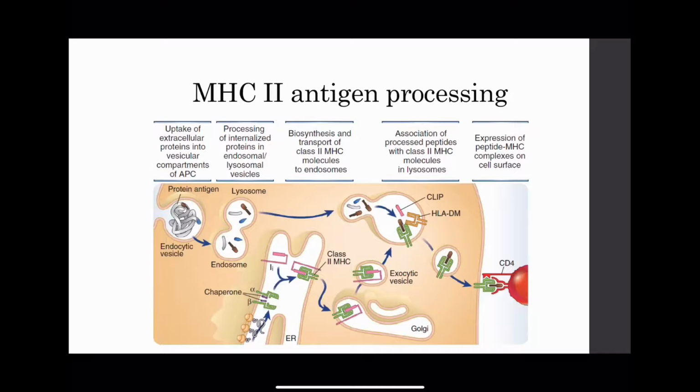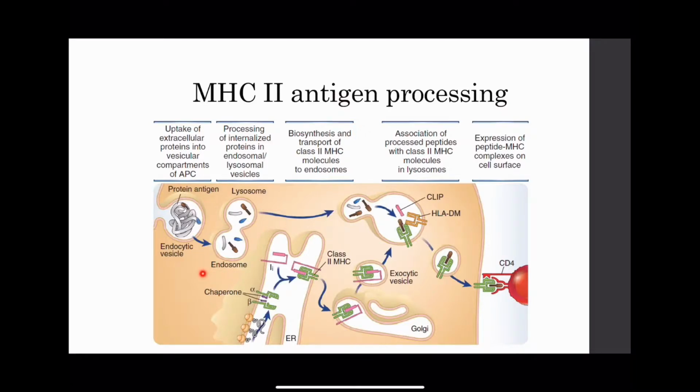The MHC class 2 antigen processing is similar to class 1, but as we said, the fundamental difference is the site of antigen degradation and cleavage. First, the antigens are captured extracellularly, so they need to be internalized, and after internalization, they will become localized in intracellular vesicles called endosomes.